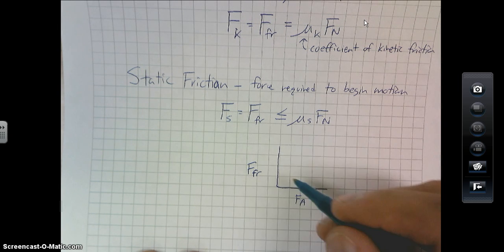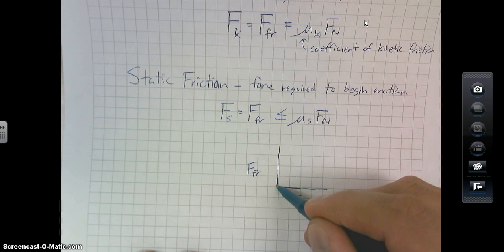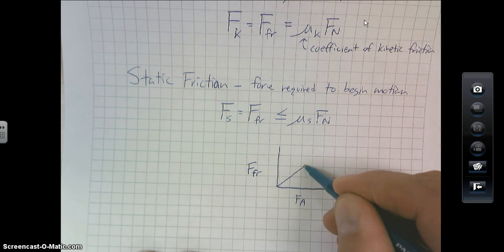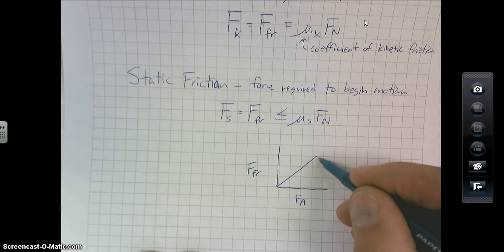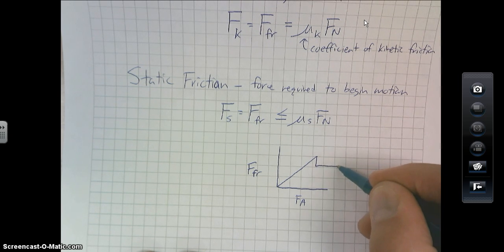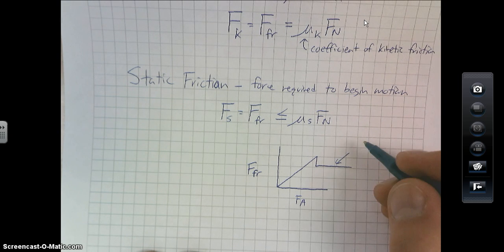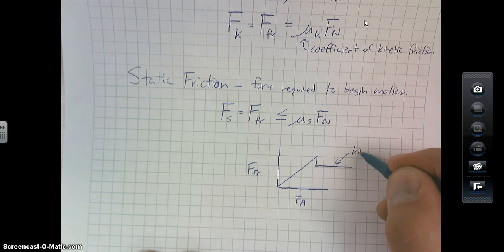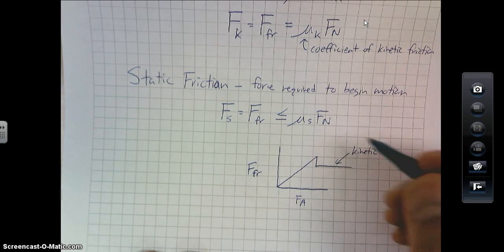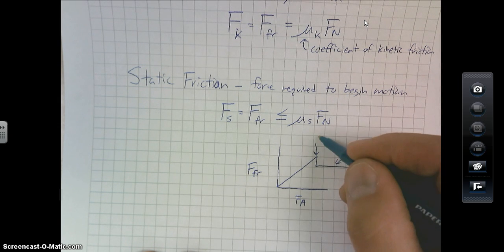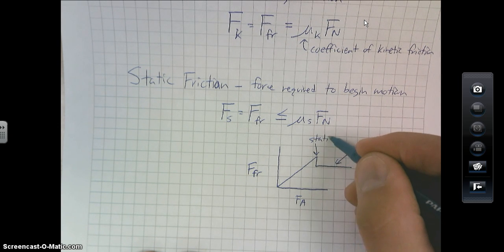As you apply a force, the force of friction would get greater and greater and greater, and then at some point it's going to start to move, and it drops down and then becomes fairly constant. This constant section here would be where kinetic friction occurs, and this peak is where static friction occurs.